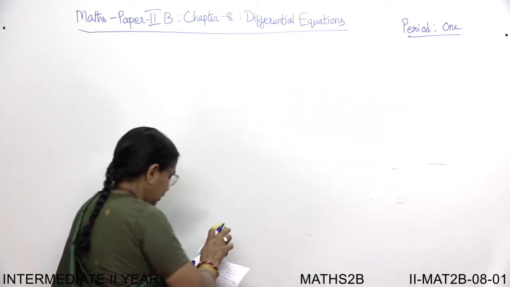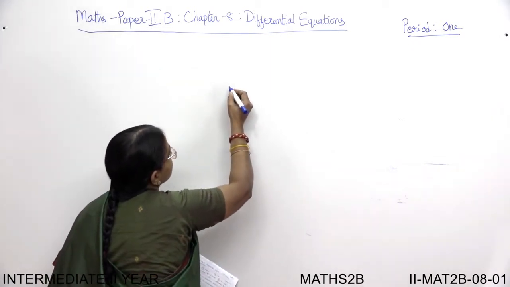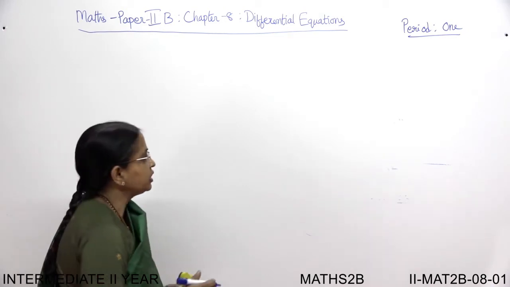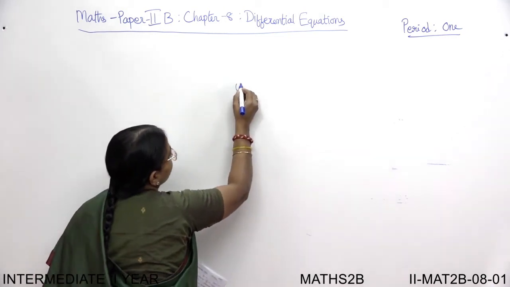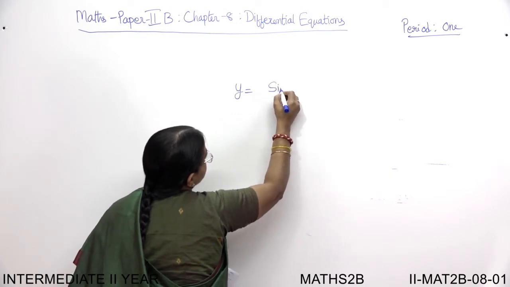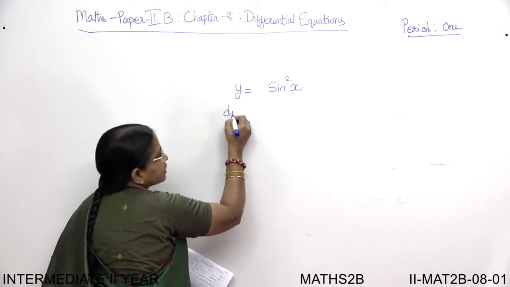Now we also need successive differentiation. You have learned this in the last exercise of the differentiation chapter. Suppose that y is equal to sine square x. Then differentiate with respect to x.